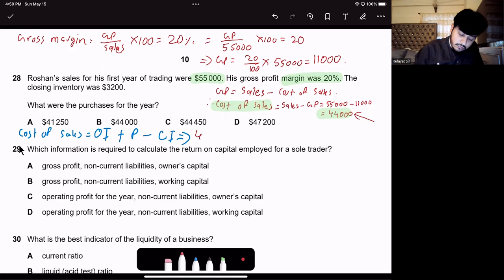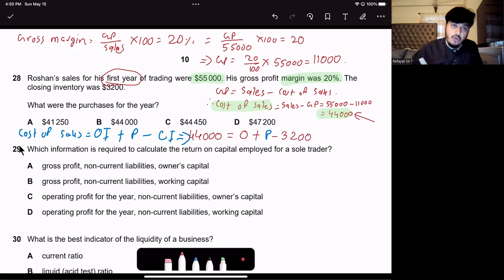$44,000. Opening inventory is 0 because this is the first year of trading, and in the first year of every business, opening inventory is 0. Plus purchases, which we have to figure out, minus closing inventory, 3,200.